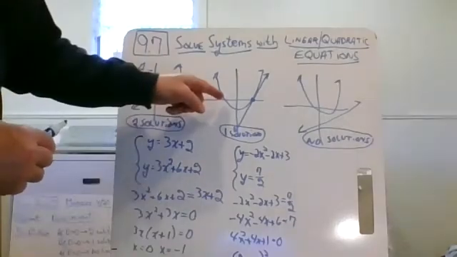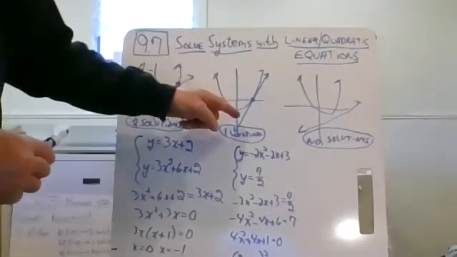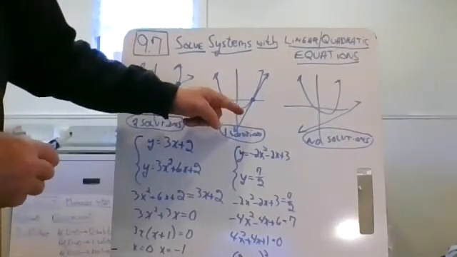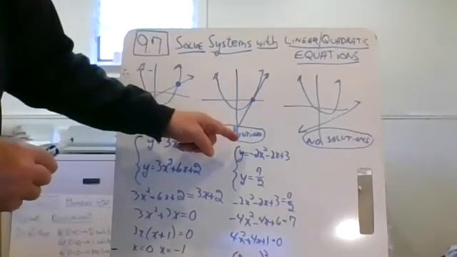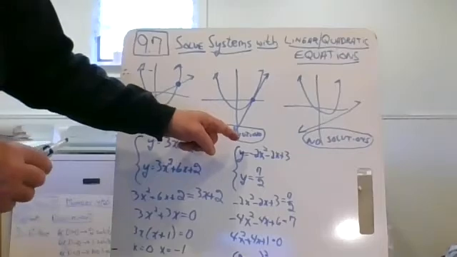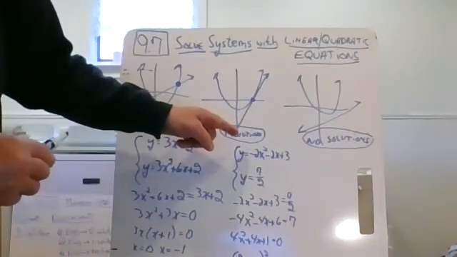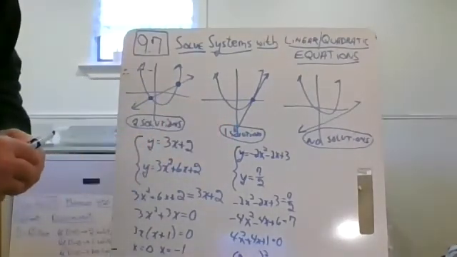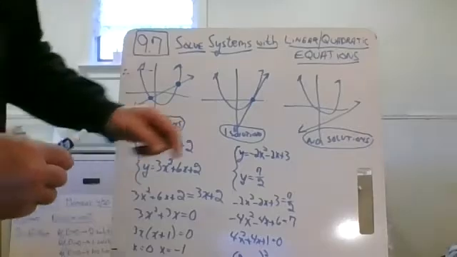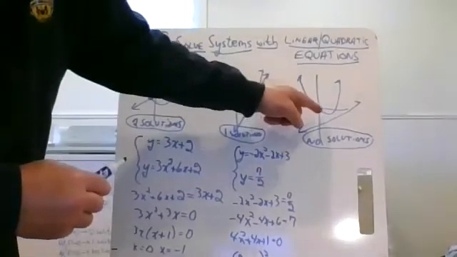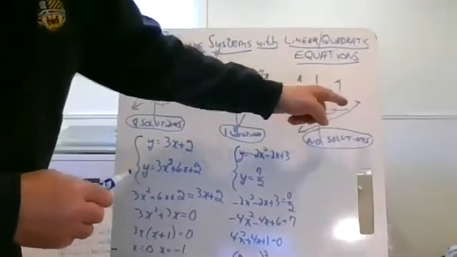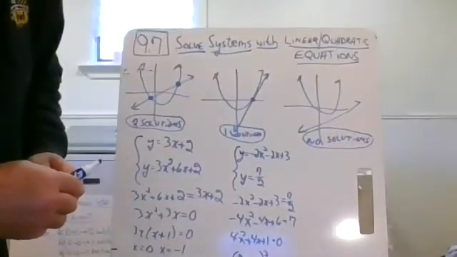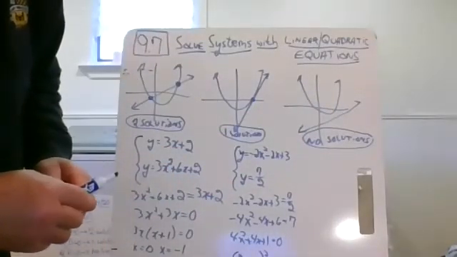And then you could have a parabola and a line like this, where the line hits the parabola in only 1 point, and you have just 1 solution to that linear quadratic system. Or you could have a parabola here and a line down here in which the line doesn't hit the parabola at all.